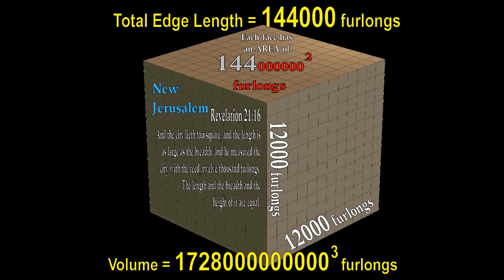Now, New Jerusalem as well, so 1728, 144, and again, it's how these particular sets of numbers are so important. They're so repeated.